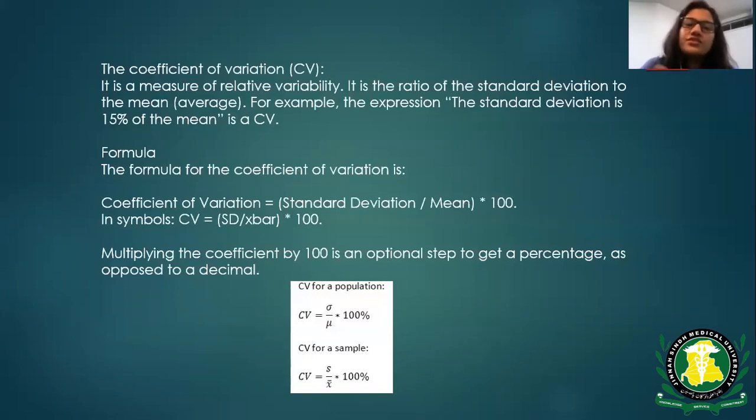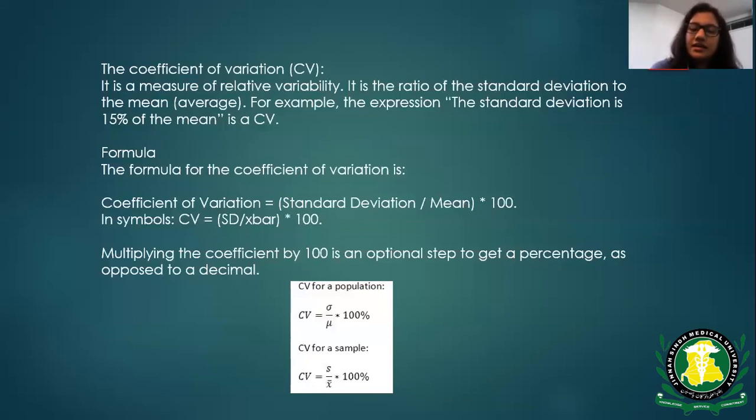So the coefficient of variation is a measure of relative variability. It is the ratio of the standard deviation to the mean, and it's usually expressed as a percentage. So the coefficient is sigma upon mu. That is standard deviation divided by mean. Mu is the mean, right? Mu is the U sign that we are seeing.